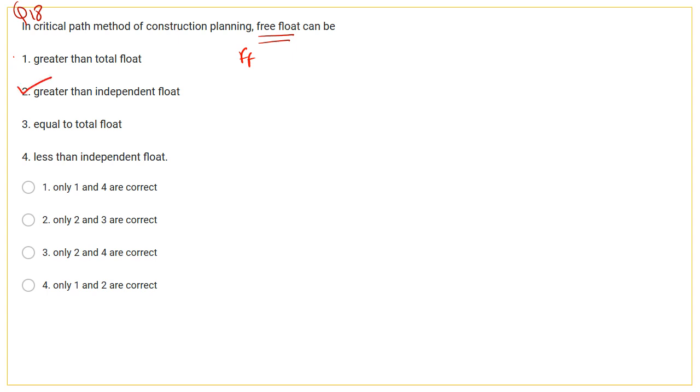Okay, this second option is correct. Then equal to total float, this is also correct. And then the last option, less than the independent float. So the free float is not less than the independent float. Free float is more than the independent float. So here the second and third options are correct. So option number 2 is correct, that only 2 and 3 are correct.